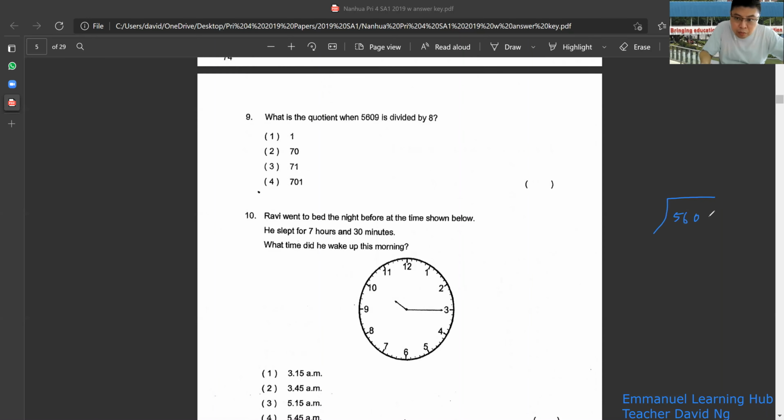5609 divided by 8. 36 divided by 8 is 7. Then bring down the 0. 70. Answer is number 4.